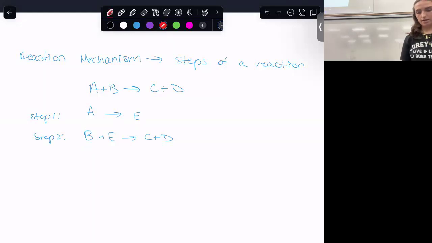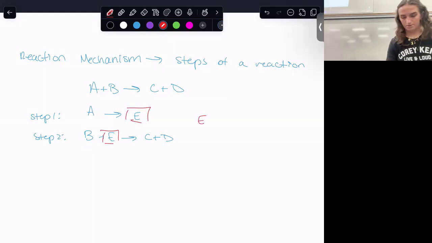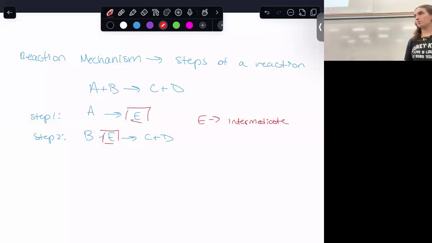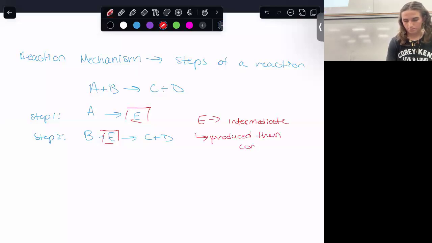In a reaction mechanism, what do we call E? What is that? Yep, intermediate. So E is an intermediate. It is first produced and then consumed.